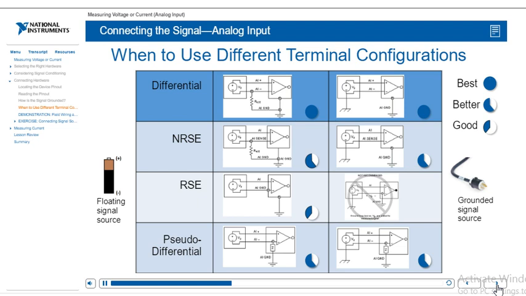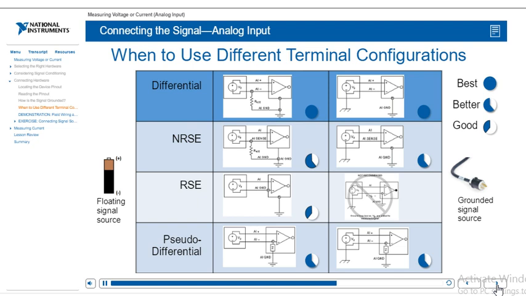But let's go through a couple of examples using a differential setup with different signal sources. Let's say the signal source is a floating source. I know I'm going to use differential, so I look at my chart. I can see that the signal source is floating, so I use the left-hand side, and I'd connect the positive probe to the AI positive terminal, and then connect the negative probe to a bias resistor first, and then finally to the AI negative terminal.